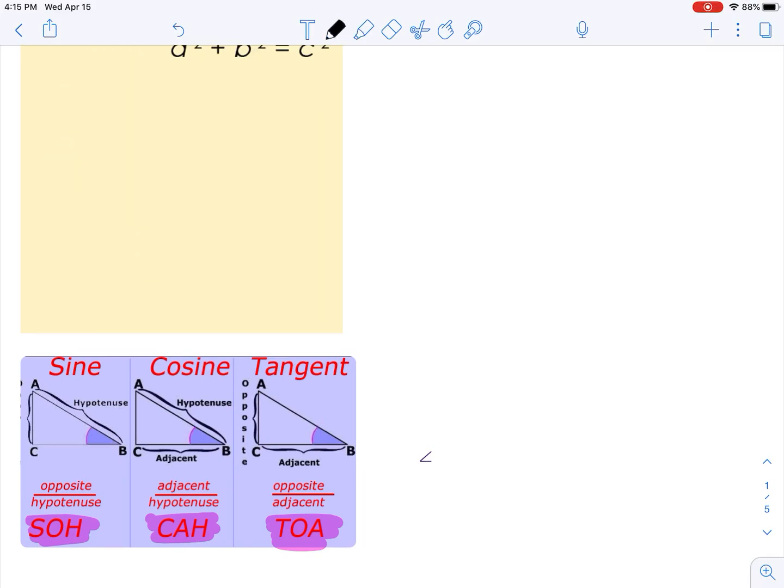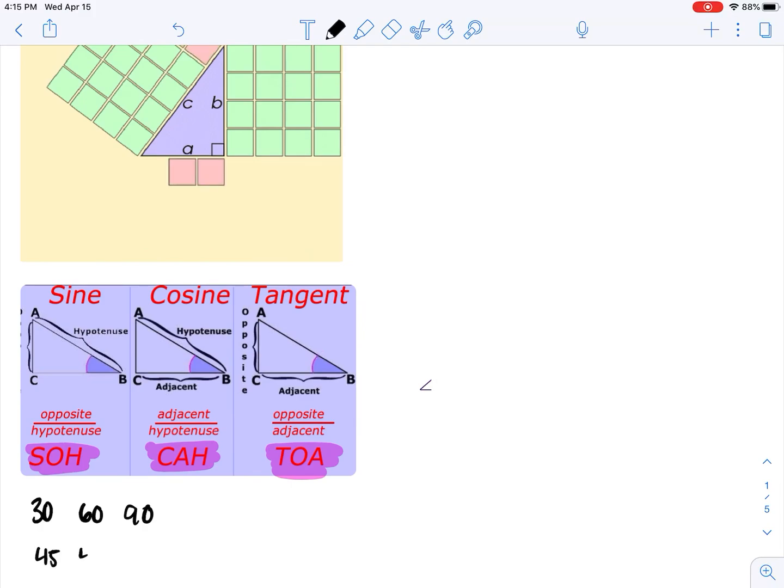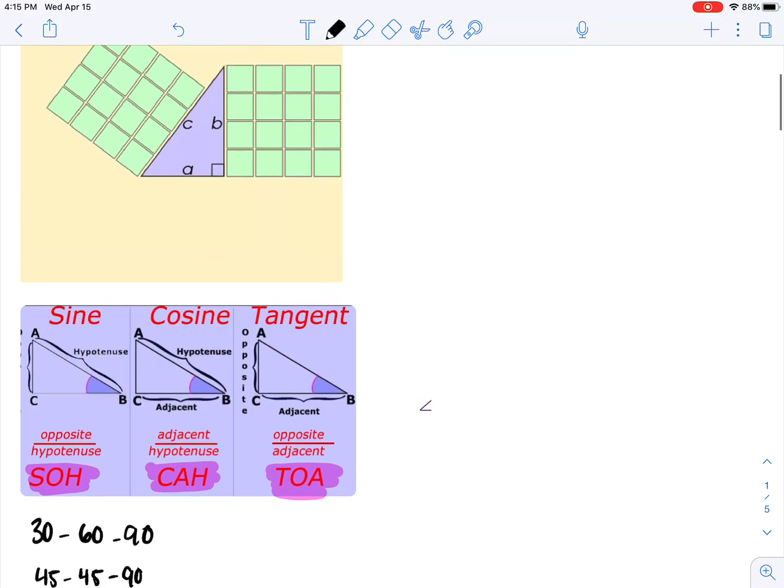After that, we also talked about 30, 60, 90 right triangles and 45, 45, 90 special right triangles. All of these were methods on how to find missing sides in a right triangle.